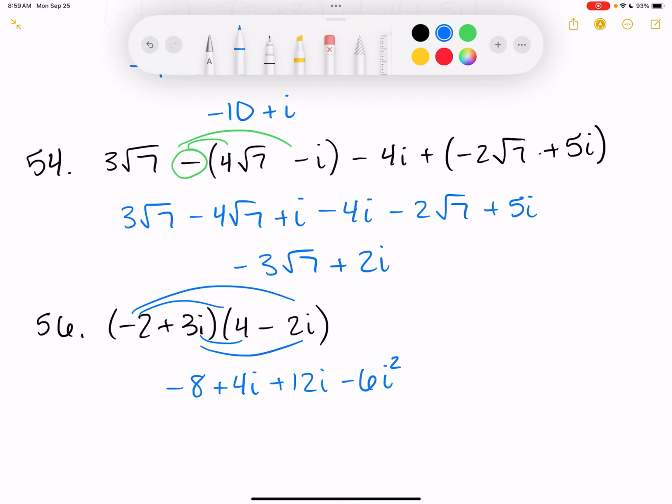We said i squared is negative 1, so negative 6i squared, so that's going to become plus 6, that whole thing there. Okay, because of the negative 1 for the i squared. So then negative 8 plus 6, so that's going to be negative 2. And then 4i plus 12i is going to be 16i.